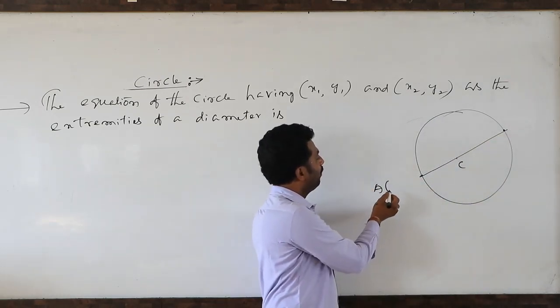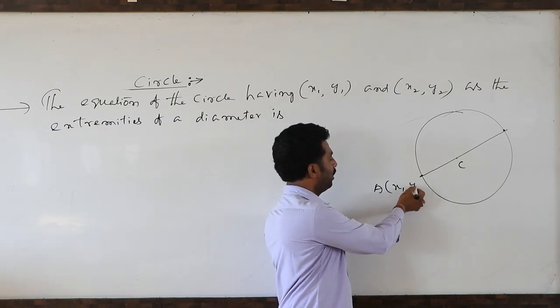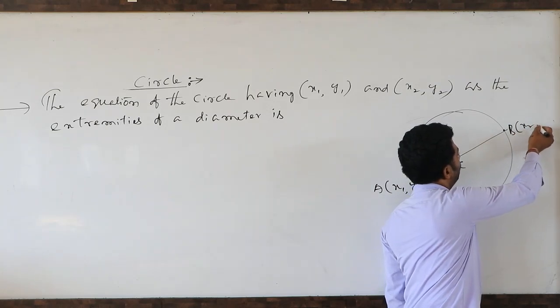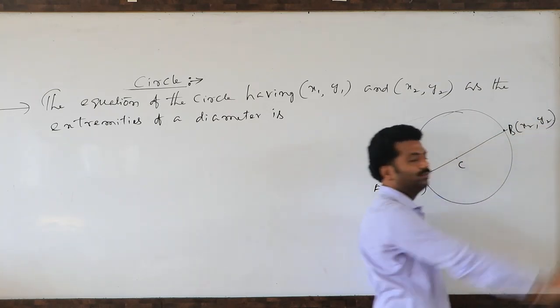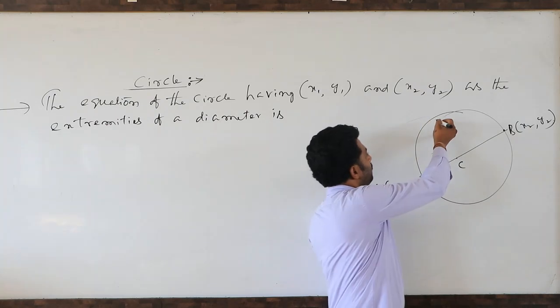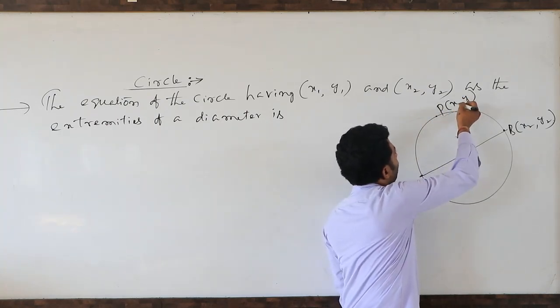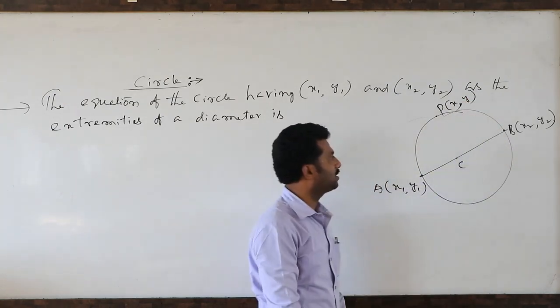Suppose one end point is A, we are assuming that is (x1, y1). Another end point B, I am taking (x2, y2). Randomly one point, P(x, y), be a point lying on the circle.